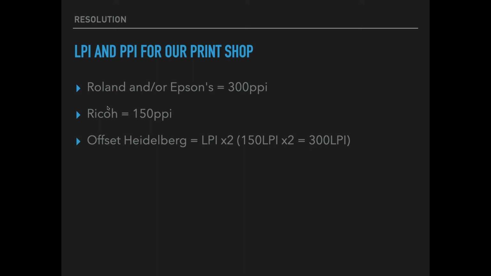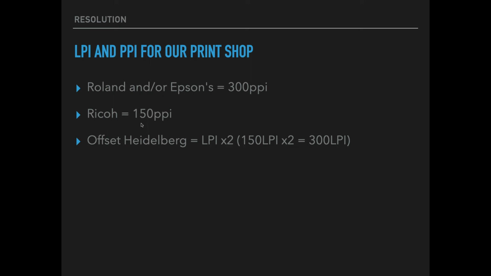Canvas prints, t-shirts, vinyl wraps, whatever it may be, needs to be 300 pixels per inch. And the Epsons are our standard photo printers, so they have to be that best quality. The Ricoh is 150 pixels per inch because it is just your standard photocopier.